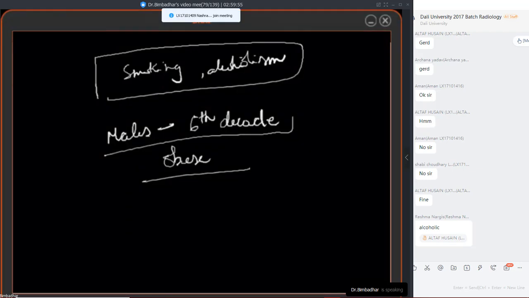It means the patient has already come to you when it is advanced. That is the catch point here. It is already advanced, which means whenever a patient is complaining of GERD, whenever a patient is complaining of this difficulty, please do not ignore it, because this might be happening because of Barrett's esophagus, or it might be happening because of GERD, which could eventually have already developed into an esophageal carcinoma.